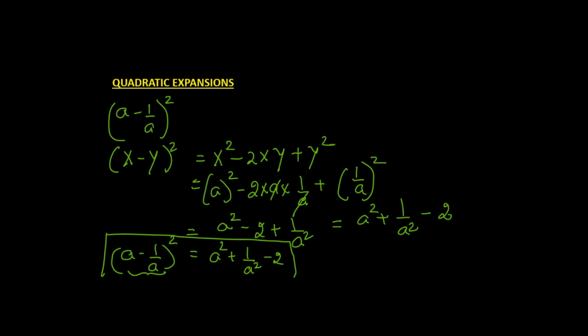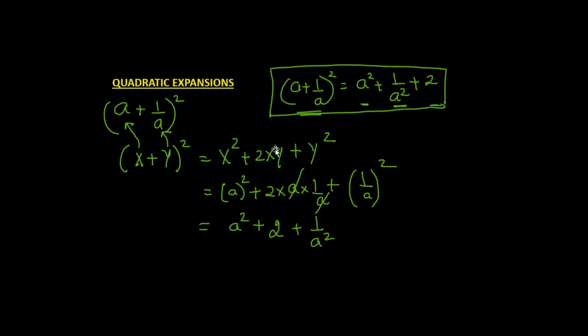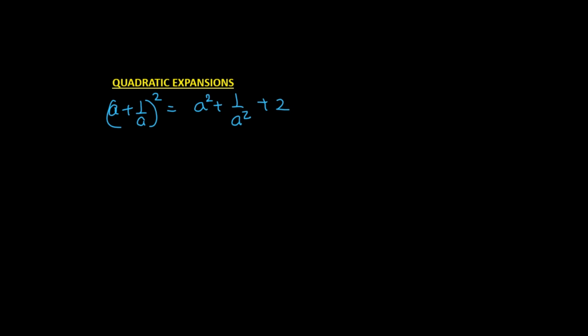Okay, so we have seen that (a + 1/a) whole square is a square plus 1 by a square plus 2. Yeah, we saw it here. And similarly, (a - 1/a) whole square is equal to a square plus 1 by a square minus 2.